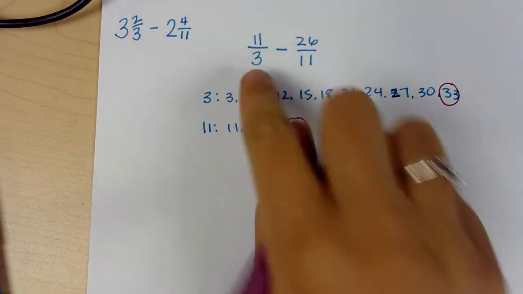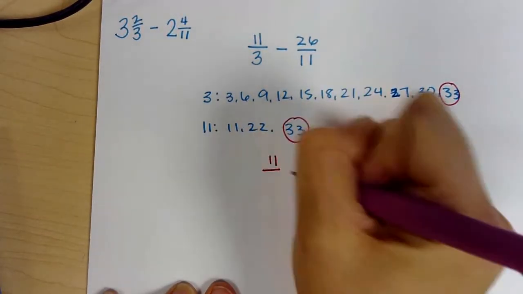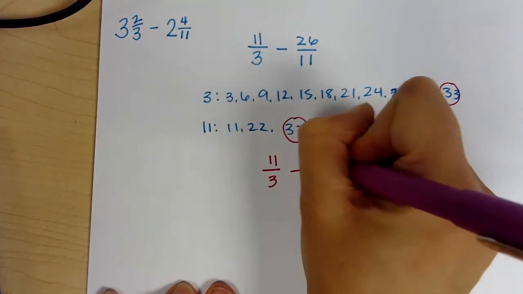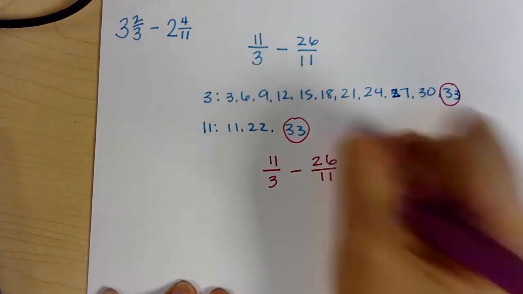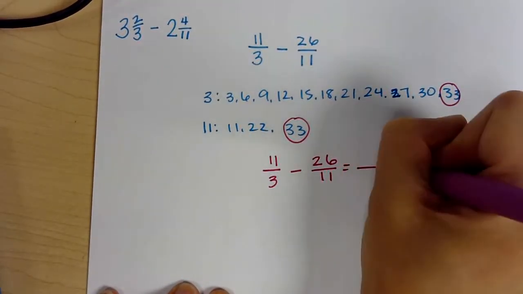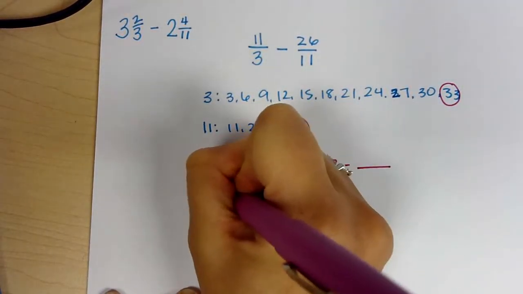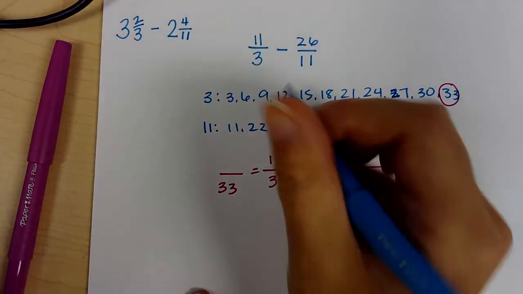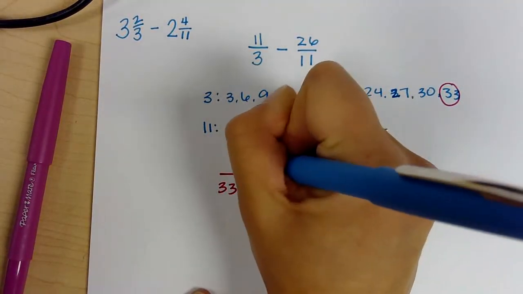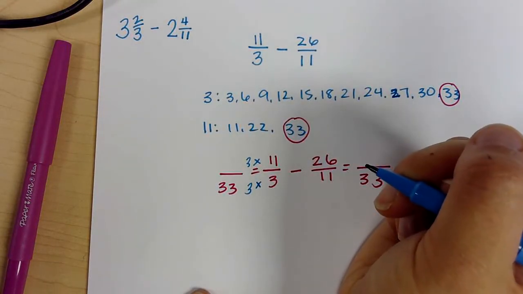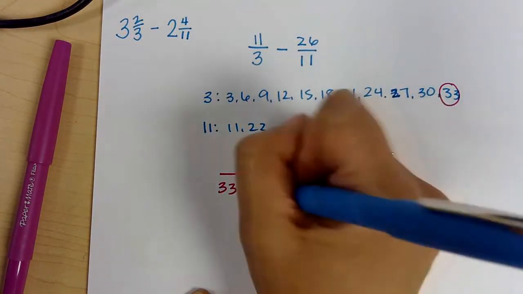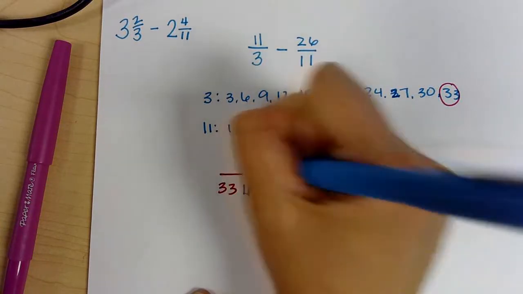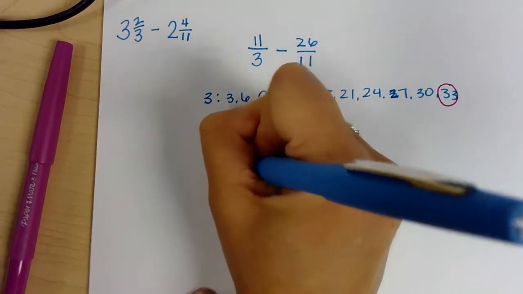Okay, so now I've got my improper fractions. 11/3 minus 26/11. I want my common denominator to be 33. To get from 3 to 33, I multiply by 11. 11 times 11 is 121.